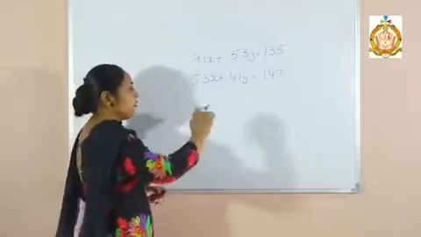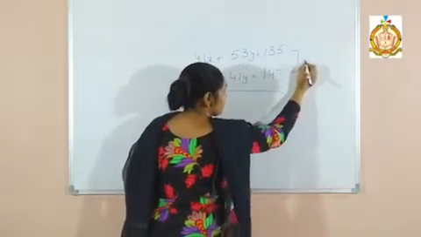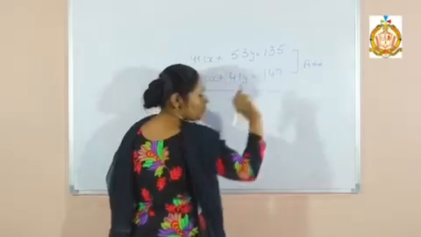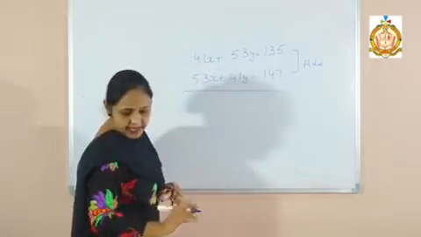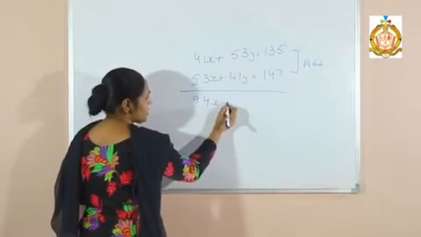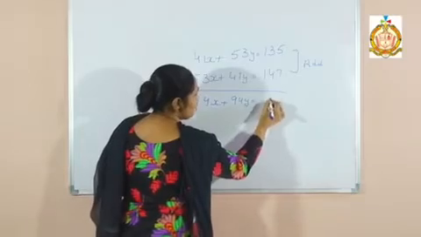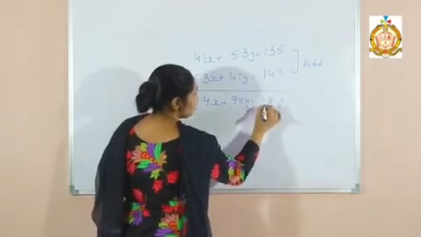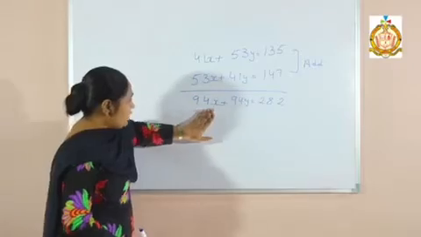See students, first I will just take these two statements and add them. Simple concept, nothing to multiply, just add these numbers. If I add these numbers, then it becomes 94x plus 94y equals 282. This is our number, I just added, nothing else. Then what to do?